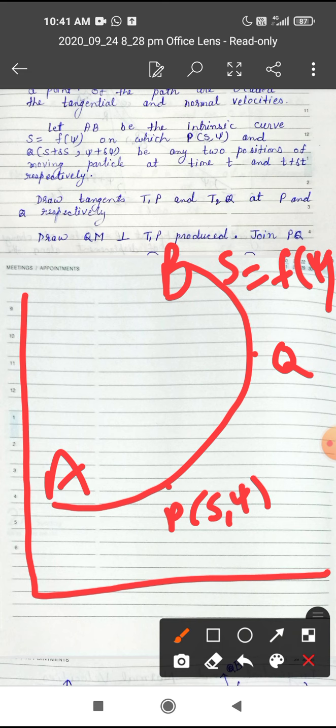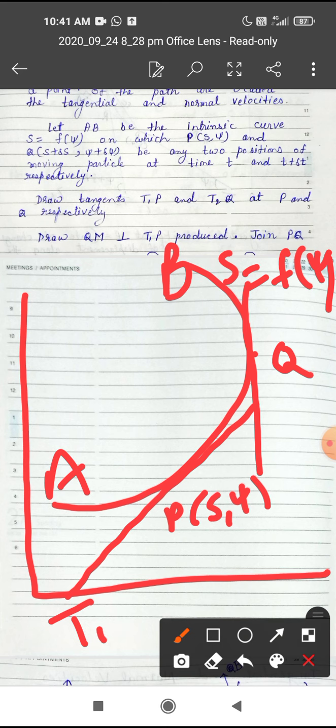Draw tangents T1P and T2Q at P and Q respectively. Draw QM perpendicular on T1P produced, and join PQ.